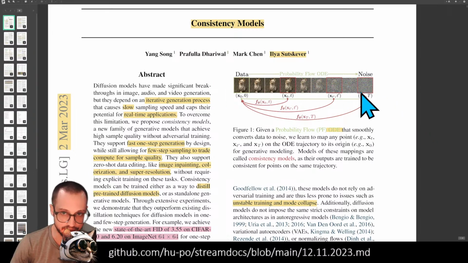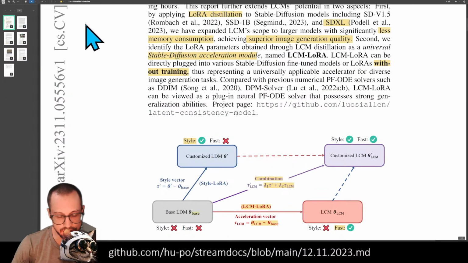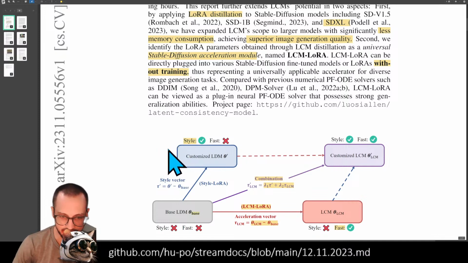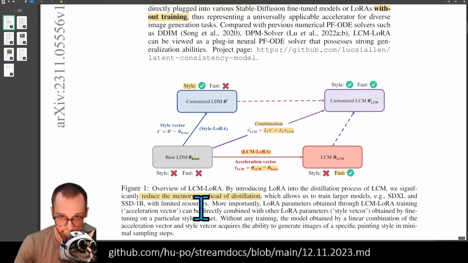So basically, rather than working with 10 steps, they work with 4 steps. But the clever thing that they do is rather than using it to distill a new latent diffusion model, they do this consistency model only into a LoRA. So they take all that consistency model benefit and put it inside the weights of a LoRA so that you can then add it to your already existing diffusion model.